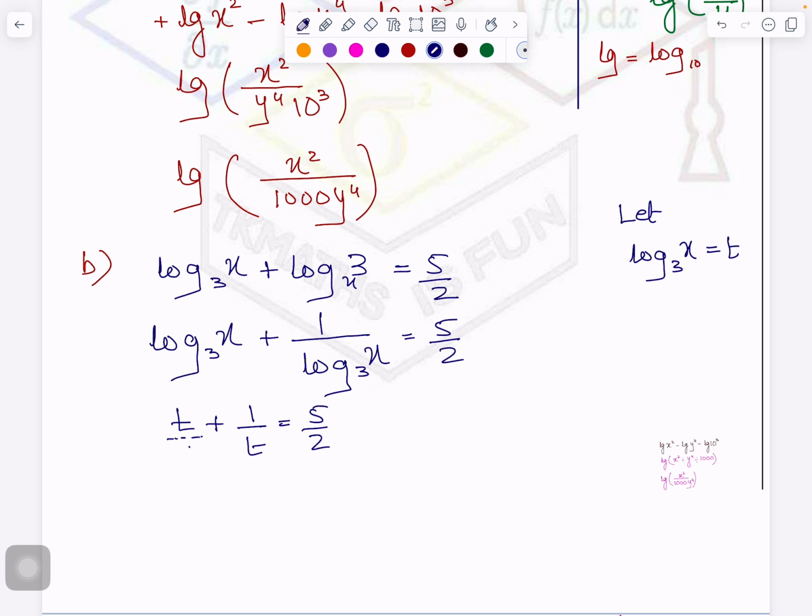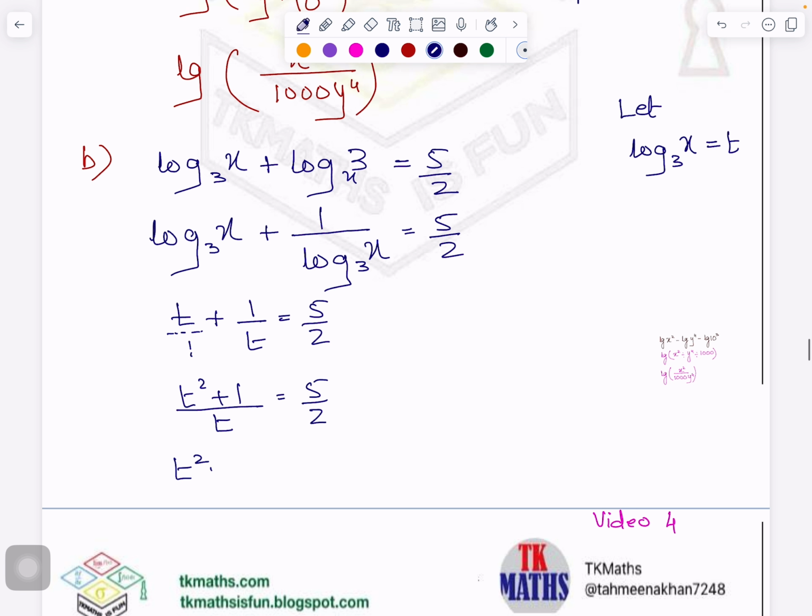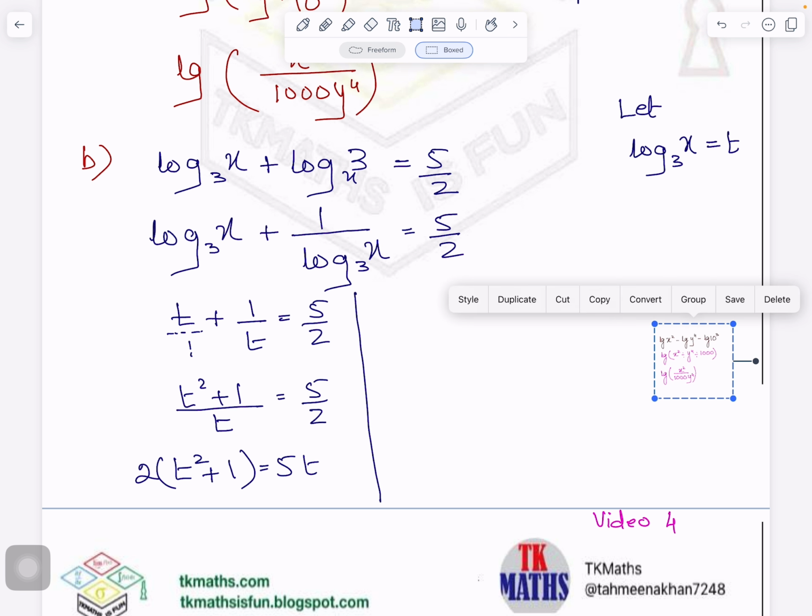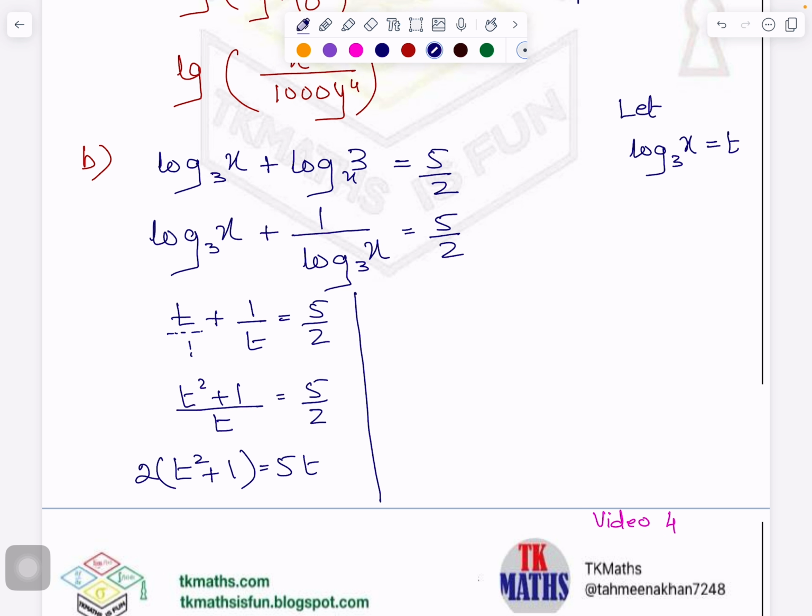When there is simple t, it is 1. So I can take LCM. It will become t square plus 1 over t equals 5/2, which is t square plus 1 times 2 equals 5t. So if I solve this question, it will become 2t square plus 2 equals 5t.